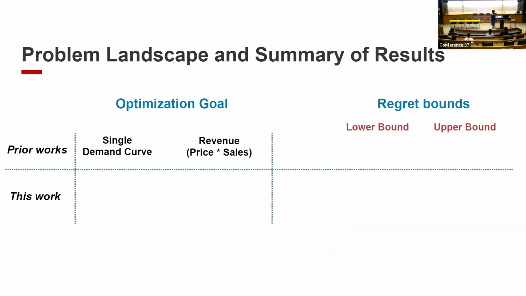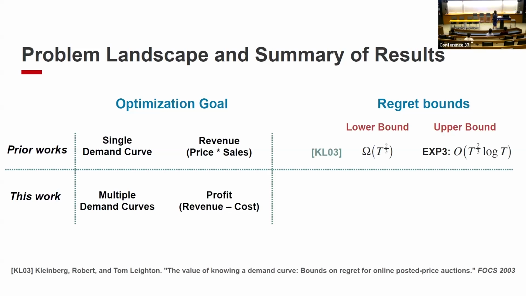And so let's first summarize our research. In prior works, such as the climate bulletin paper, the optimization goal is over a single demand curve, and the goal is to maximize the revenue. In this work, we want to optimize profit over multiple demand curves over different markets. The regret bound from the climate bulletin paper is near-tight, T to the 2/3.